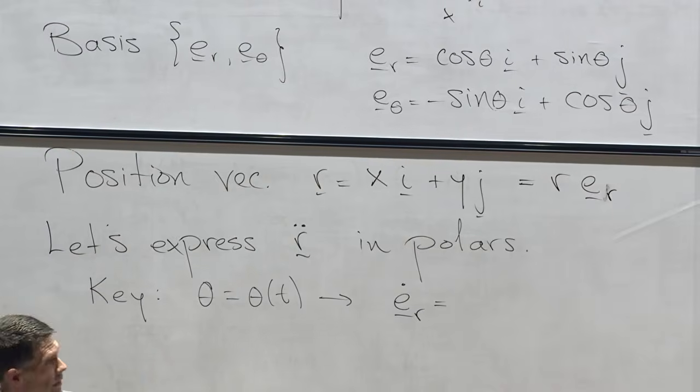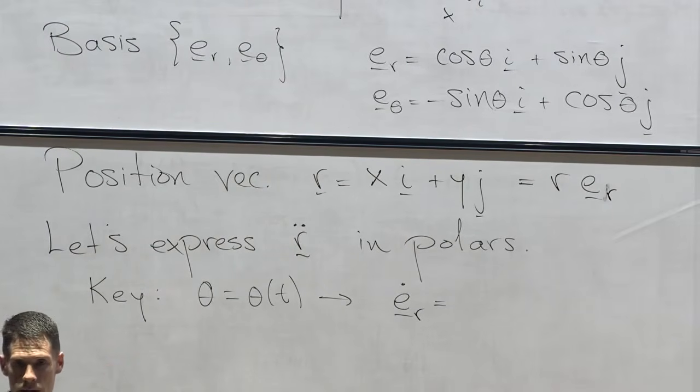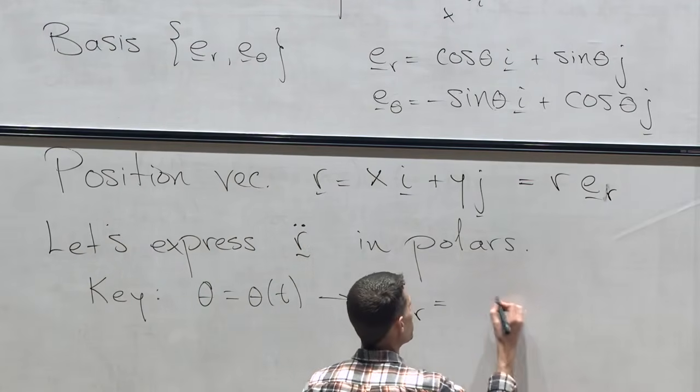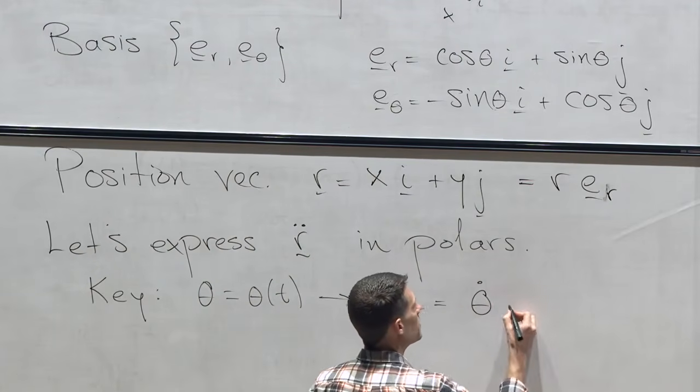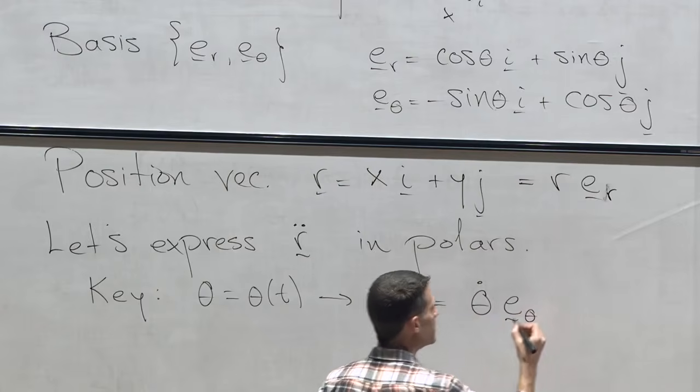But then we observe that that's the same as e_theta times this extra factor of theta dot. So e_r dot is theta dot e_theta.